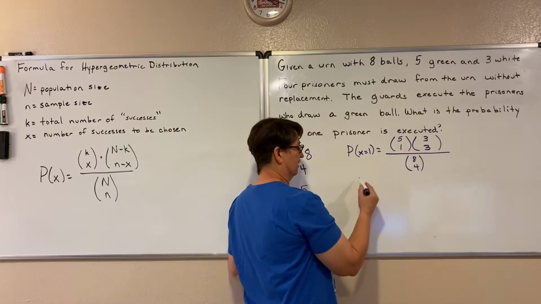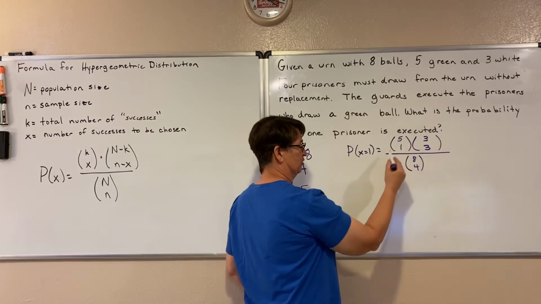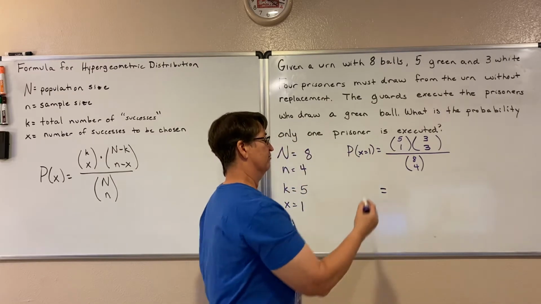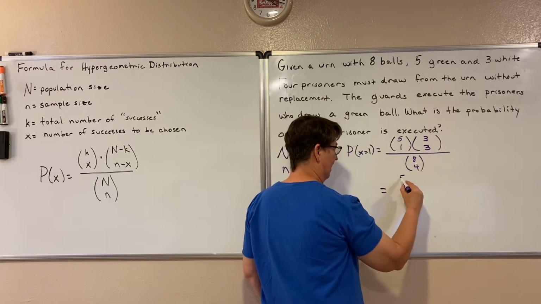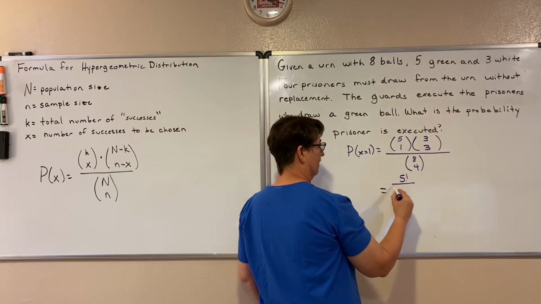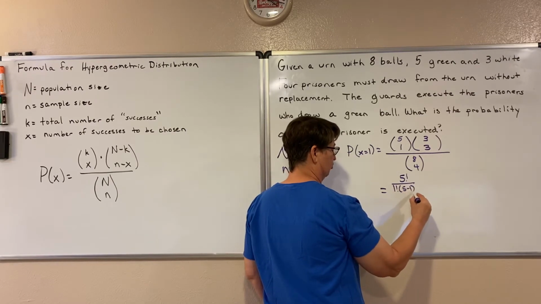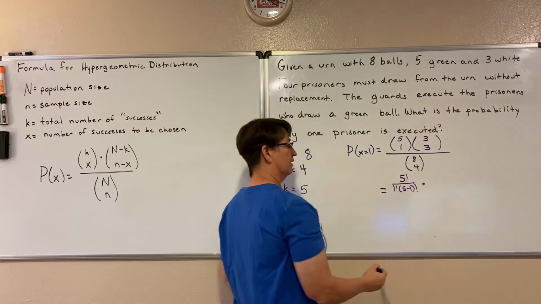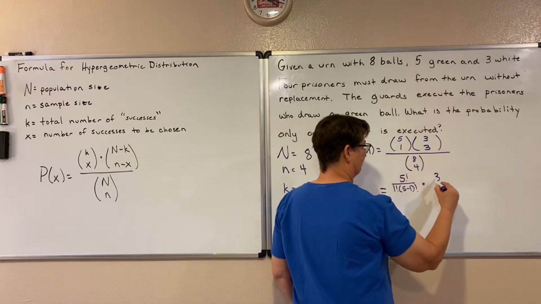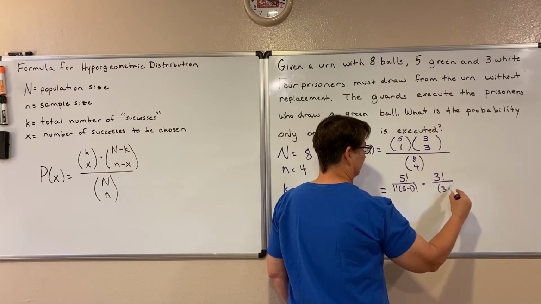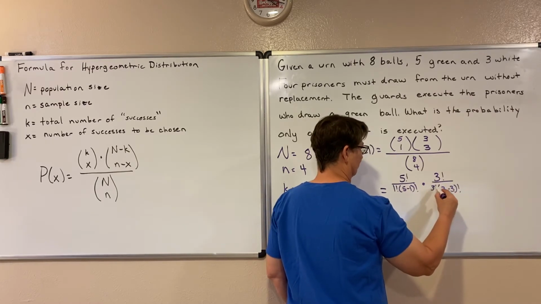So now I'm just going to do my combinatorics, or my combination there. I'm going to plug that in. Remember, that's 5 factorial over 1 factorial times 5 minus 1 factorial. Here, this is 3 factorial over 3 factorial times 3 minus 3 factorial.